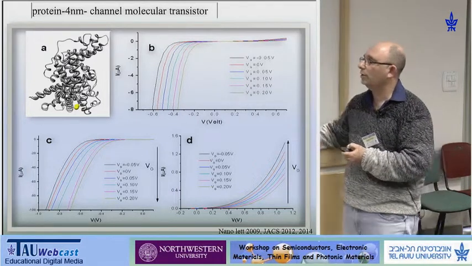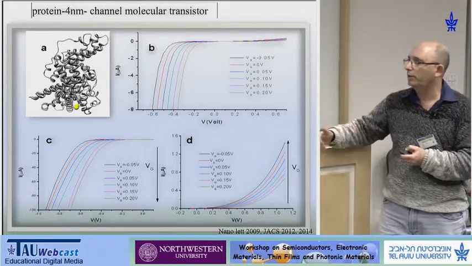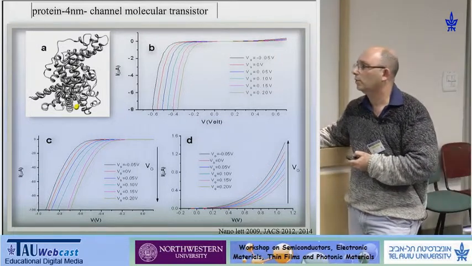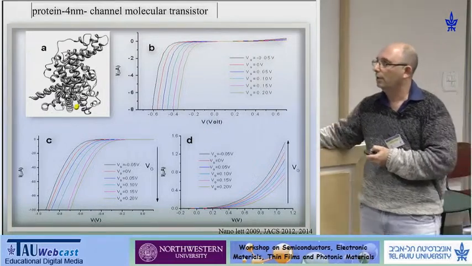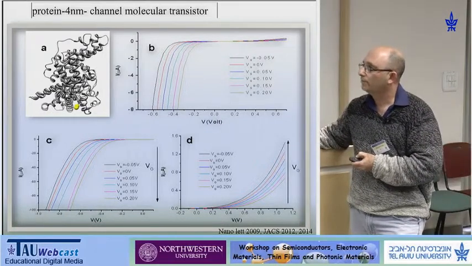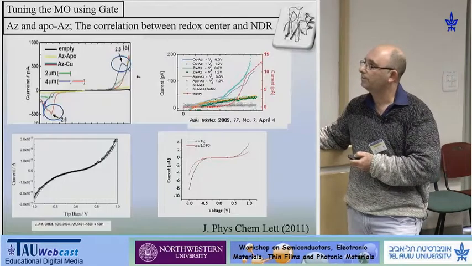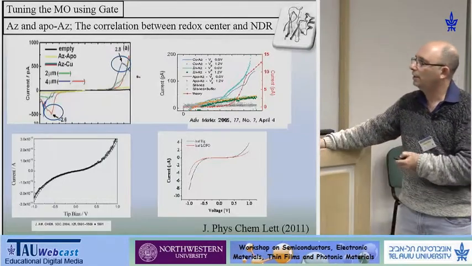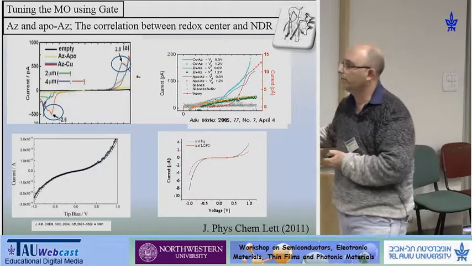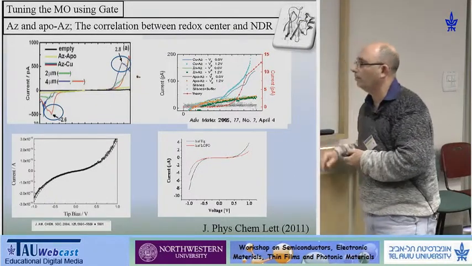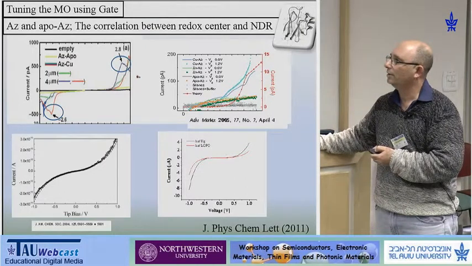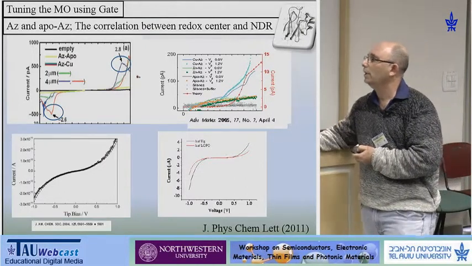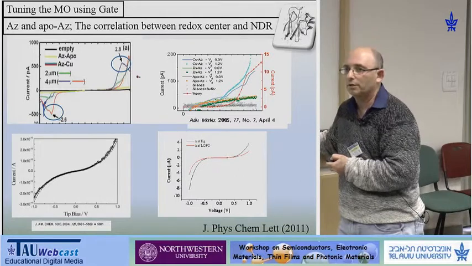So what can we do with this, and how can we understand or try to explore the transport properties of biomolecules? Let me show you some examples. These are IV characteristics that we're taking from several groups that published results on azurin IV characteristics.